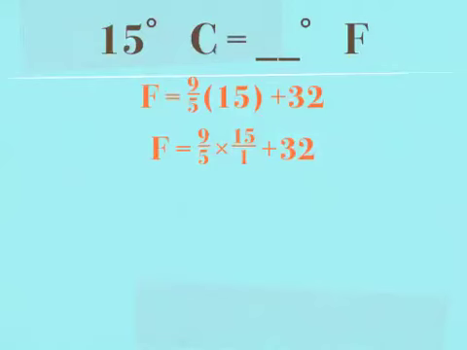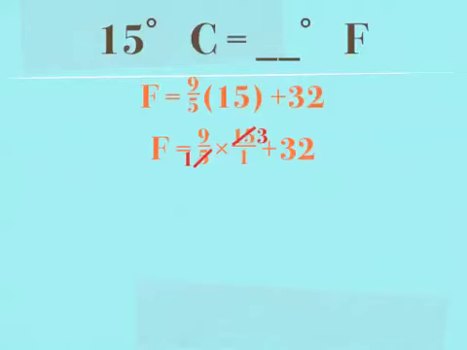When I'm multiplying, remember to check to see if you can cross-cancel. When I look to cross-cancel 9 and 1, the only thing that can go into both is 1, so it doesn't do anything to the numbers. But when I look at 5 and 15, those numbers are both divisible by 5, so I can cross them out. 15 divided by 5 is 3, and 5 divided by 5 is 1.